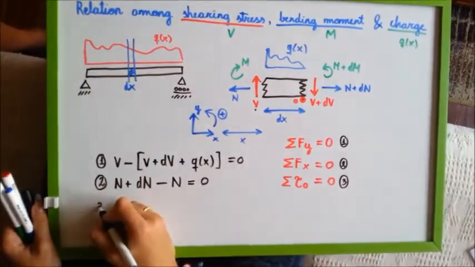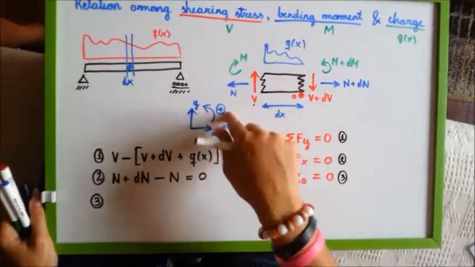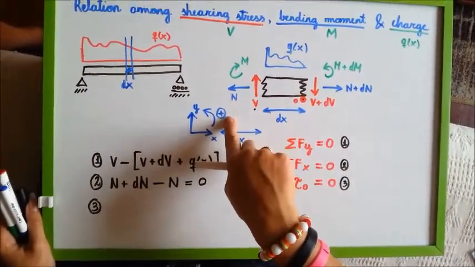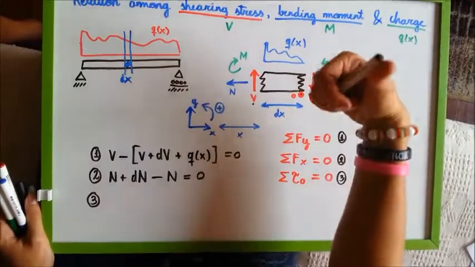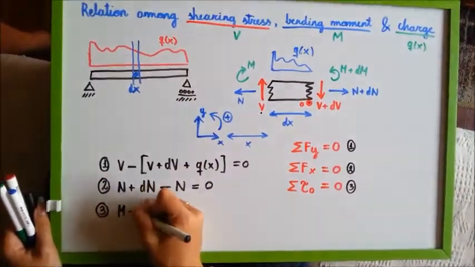So here, the third: we have taken the positive direction of torques, so as this turns like this, M plus dM will be positive.